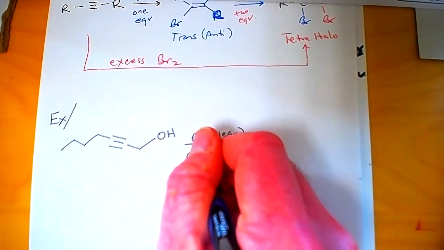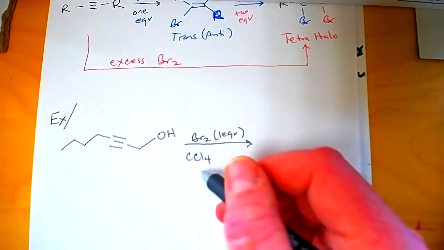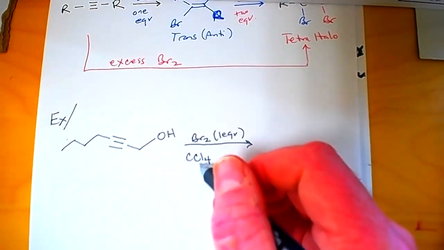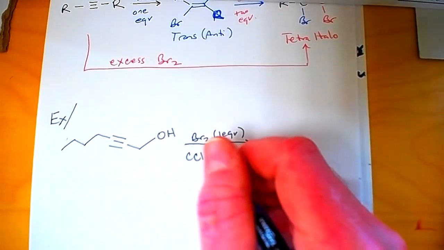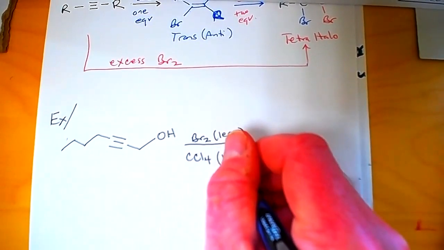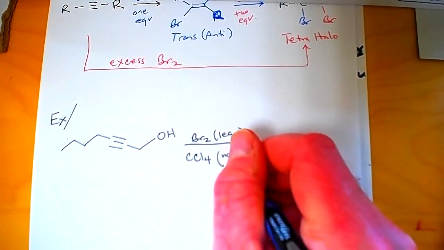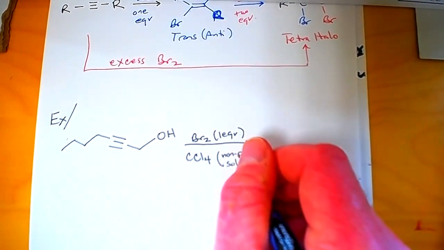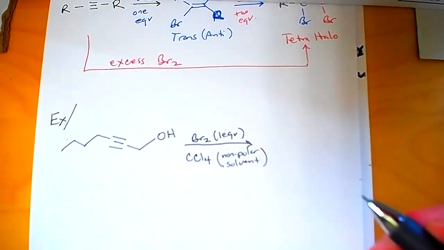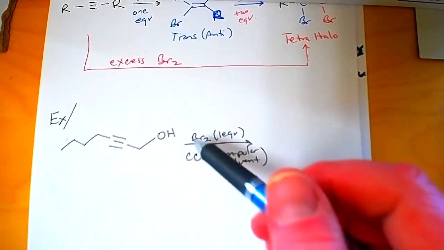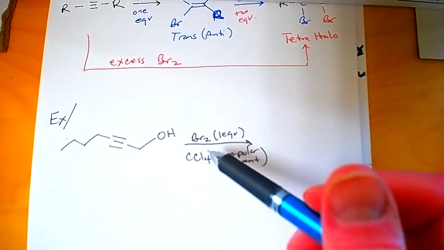And the solvent that you'll usually see these run in is carbon tetrachloride. This is a non-polar solvent, obviously aprotic as well, and very, very useful for dissolving halogens.